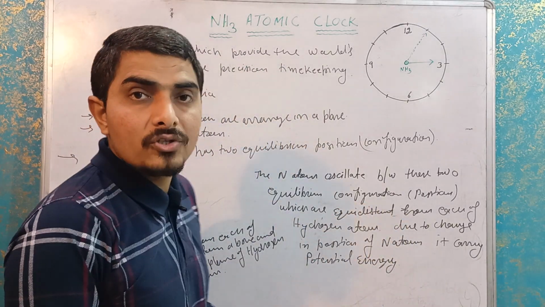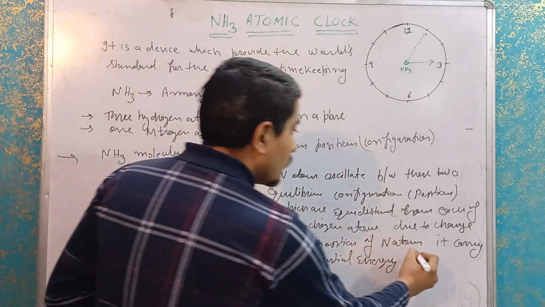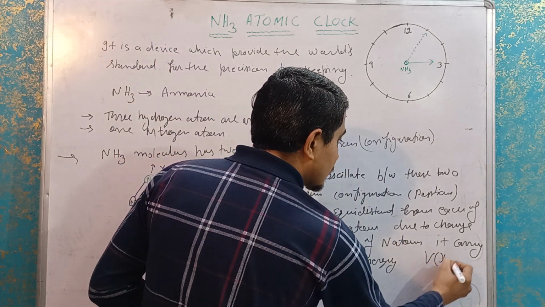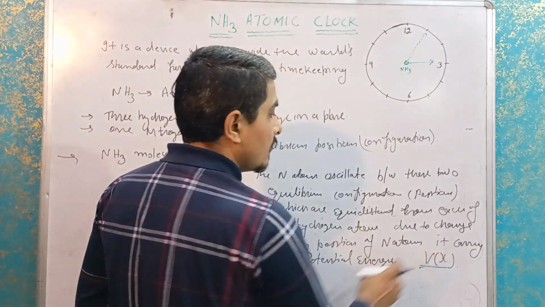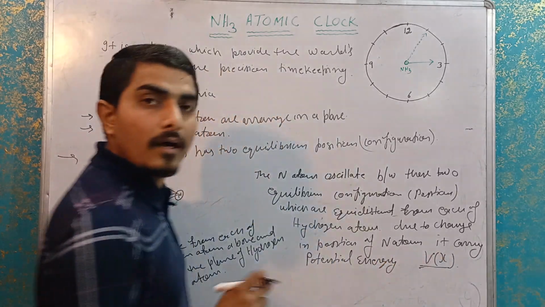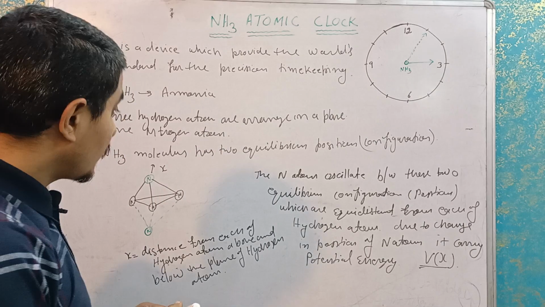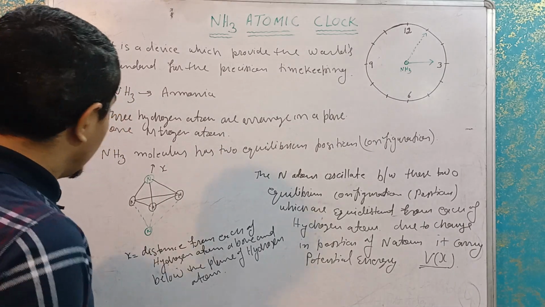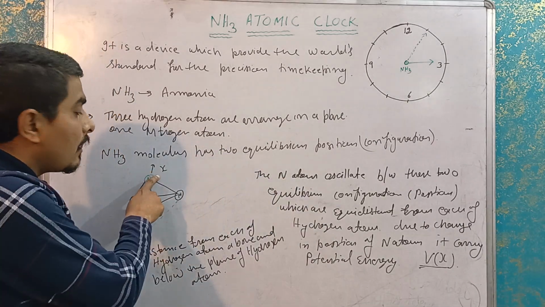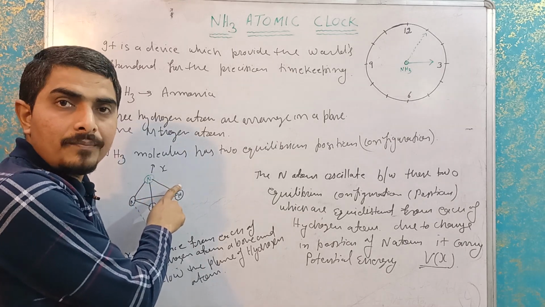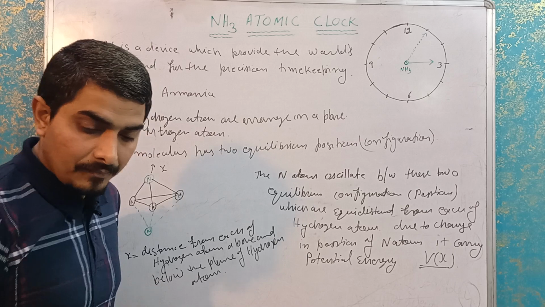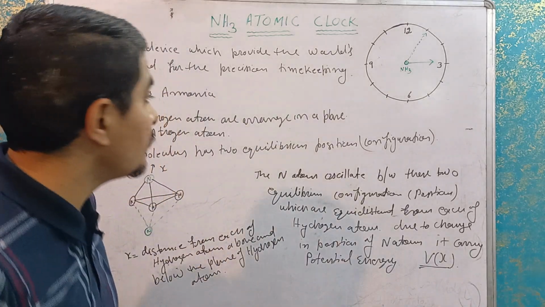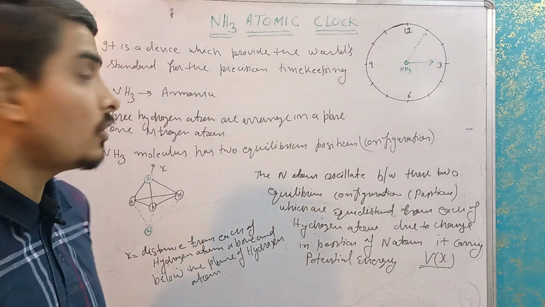And potential energy is a function of distance. So we write V(x). V(x) is the potential energy, which is a function of distance, represented by x. Next, at the equilibrium position, there are two minima. Understand properly? Take the screenshot.